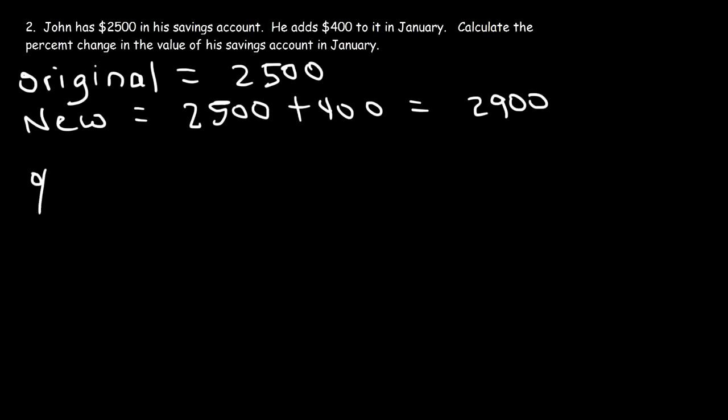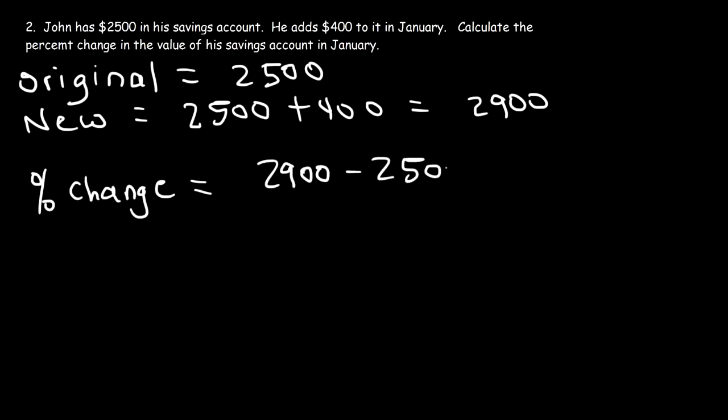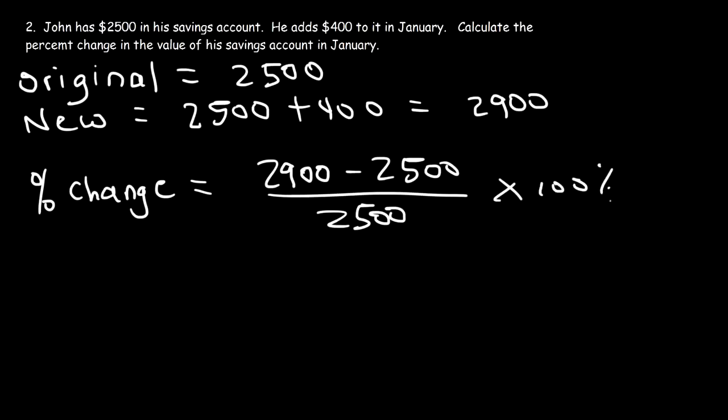So now let's calculate the percent change. It's the new value of $2,900 minus the original value of $2,500 divided by the original value times 100%. So 2,900 minus 2,500, that's 400.